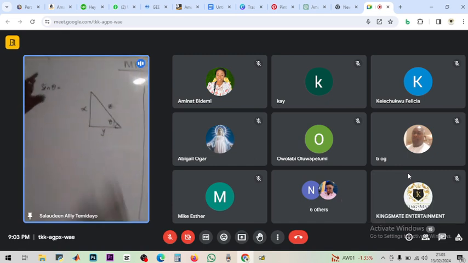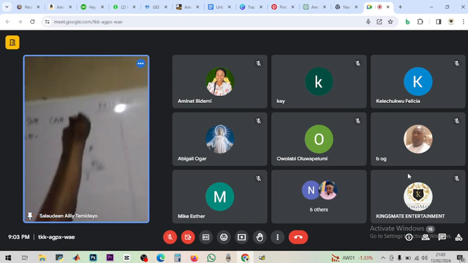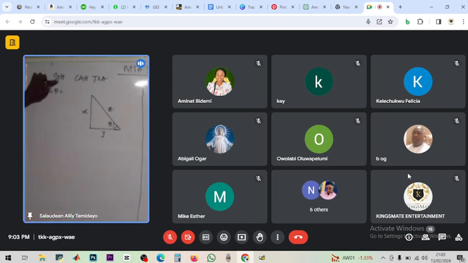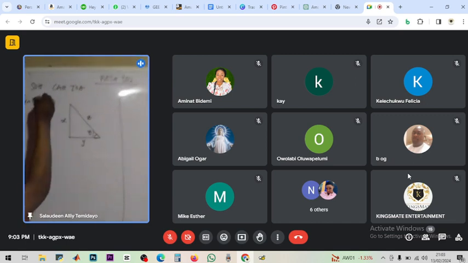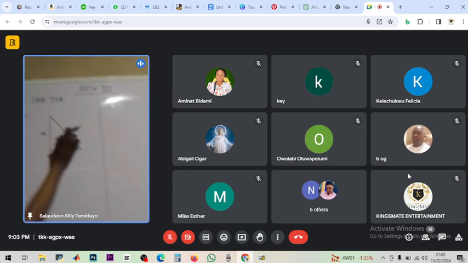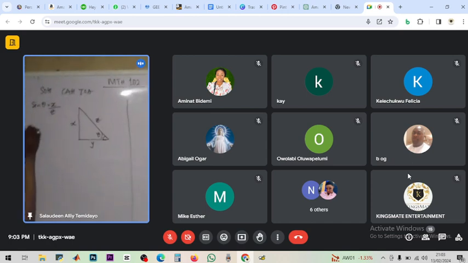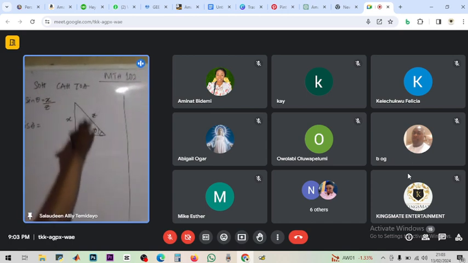So sine theta means opposite over hypotenuse. What is opposite? X, over the hypotenuse, z. This is a trigonometry ratio. Cos theta equals adjacent over hypotenuse.